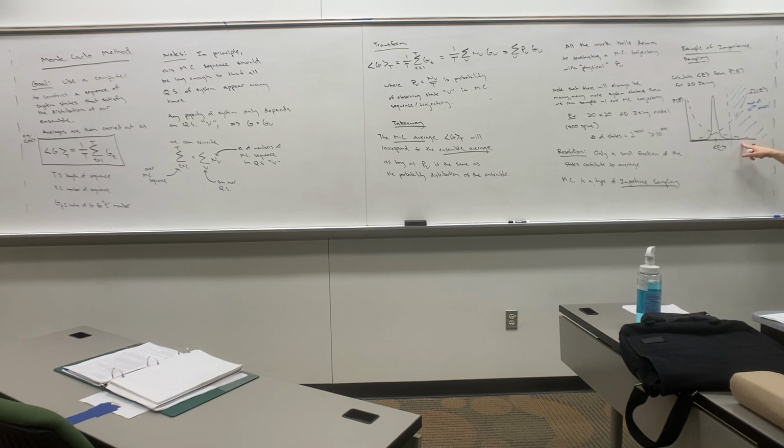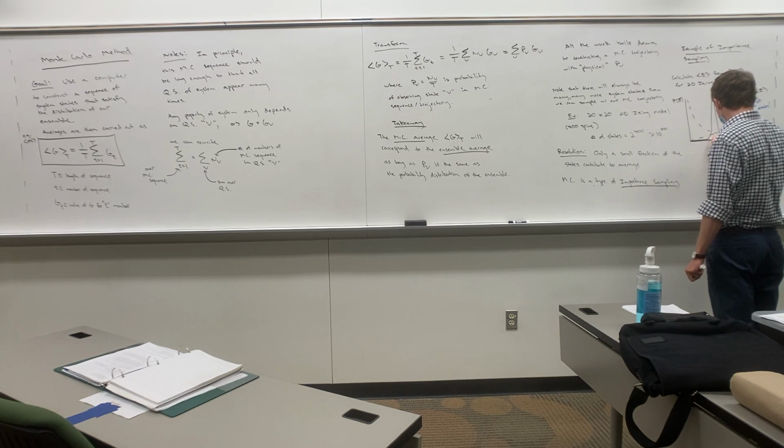So our goal in Monte Carlo: we have 10 to the 100 states, and we throw out a huge chunk of them. Maybe Pablo's patient and he can pick out 1 million. He can run his Monte Carlo for 1 million time steps, or 1 billion or whatever. So we're going to have 1 billion points here. And so maybe our Monte Carlo is a stick graph, which looks like this.